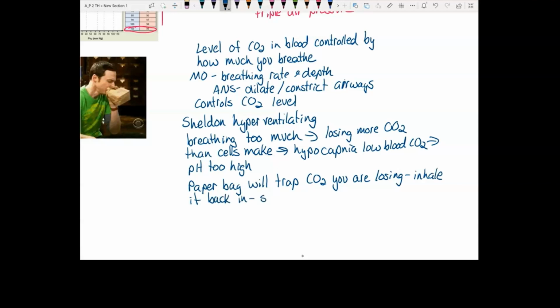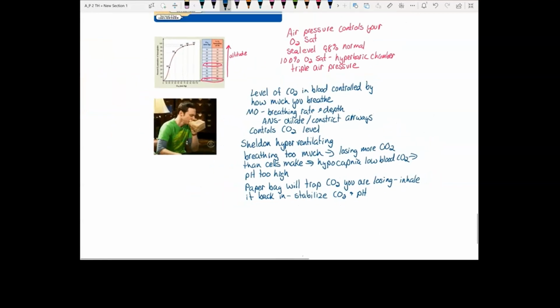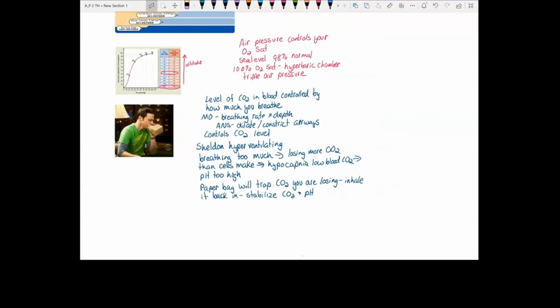And this will then stabilize your carbon dioxide and pH. So the main idea here is that air pressure controls your oxygen level, and how much you breathe controls your carbon dioxide level.